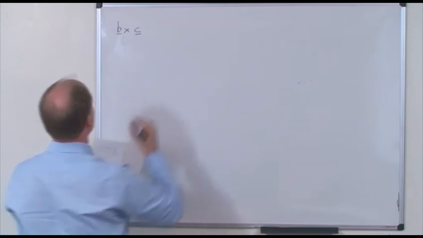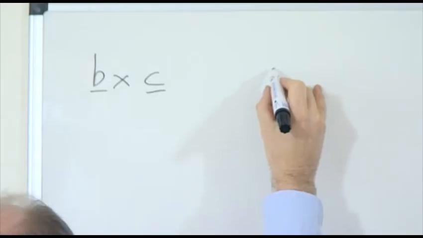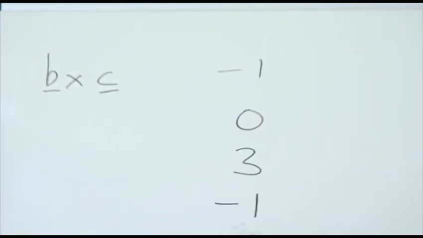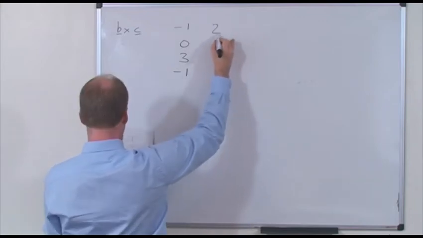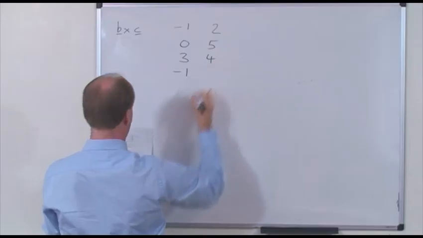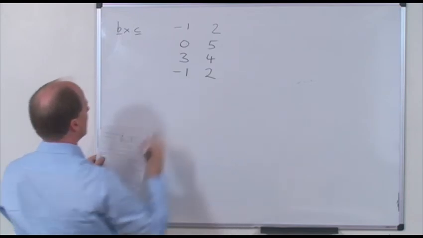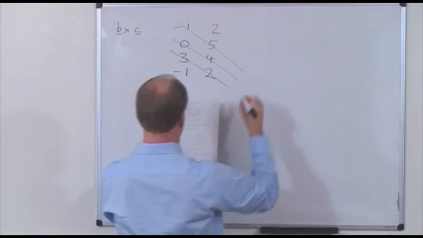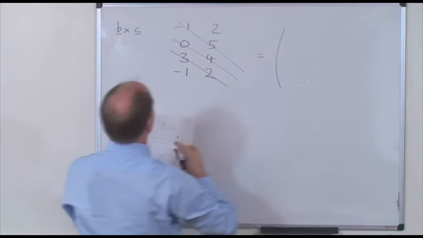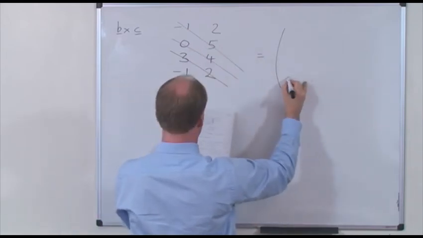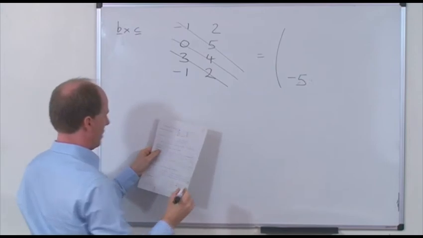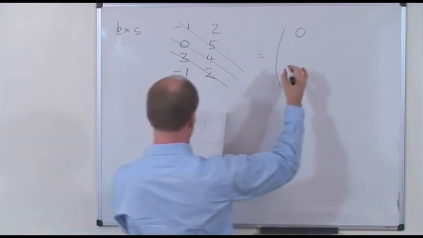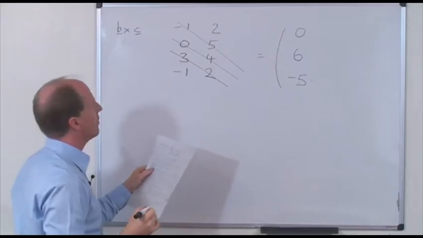So using my first method, B cross C is going to be given by minus 1, 0, 3, and then repeating the minus 1 again, and 2, 5, 4, and repeating the 2 again. And then doing my usual diagonal lines, I get first of all minus 5 in the k direction, 0 in the x direction, and then 6 in the j direction.